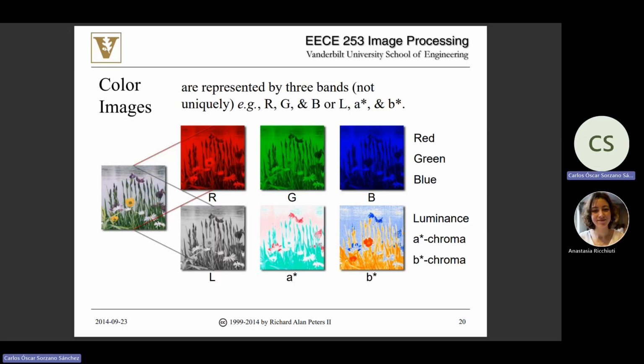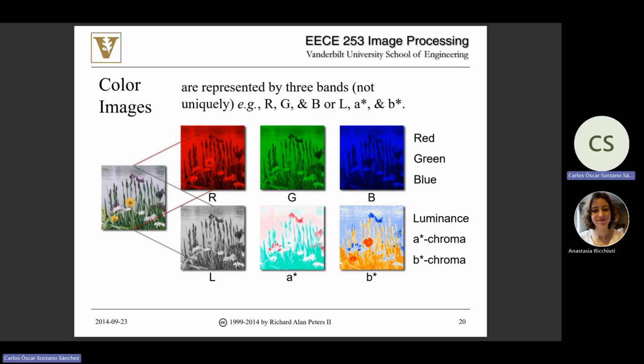Okay, so we already introduced this idea that all we need to represent a color is 3 numbers, so we can give them as the red, green, and blue, but also we can use this kind of encoding that is called luminance and chrominance in general. There are many kinds of chrominance, but here I'm showing A star chroma, B star chroma, but we don't care about those.